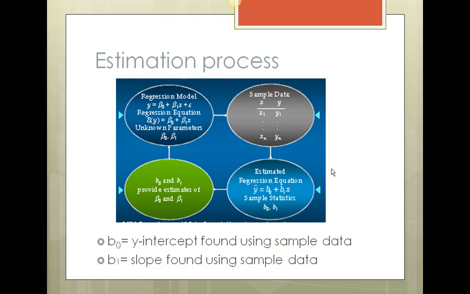So we regress y on x using statistical software, usually Excel, and that will produce these estimates of beta 0 and beta 1. So you'll gather your sample data, you'll run your regression equation, you'll get sample statistics B0 and B1, and those provide estimates of beta 0 and beta 1.